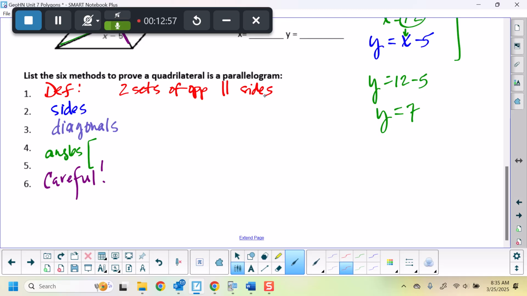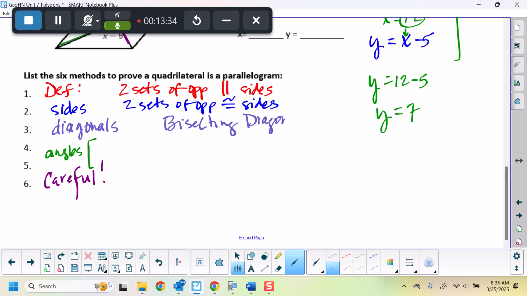We can take that definition, and through congruent triangles and CPCTC we were able to say if I have 2 sets of opposite congruent sides, it's also going to be a parallelogram. So when I'm talking about my sides, I talk about parallel, I talk about congruent. To me, it makes sense to talk about sides all at one time. While I'm talking about segment length, I'm going to go ahead and move on to my diagonals and say that a parallelogram has bisecting diagonals, which we just used in the problem above.